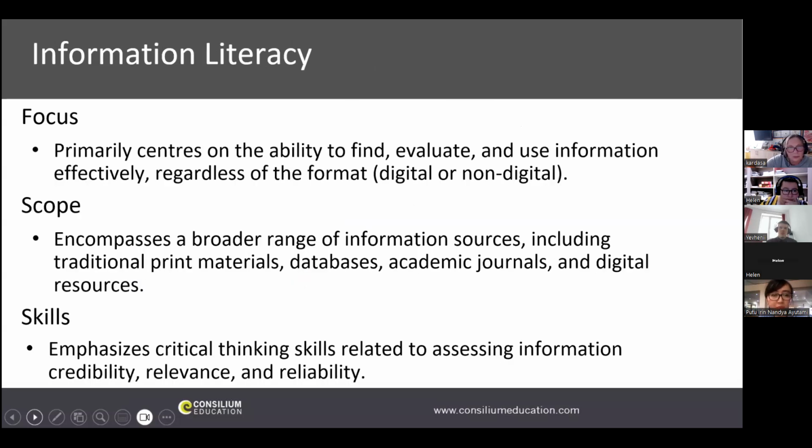The term information literacy emerged in the 1970s and really started to gain traction with the ALA's definition for it in '89. And it can be seen to have become more globally recognized with IFLA's Alexandria Proclamation of 2005.